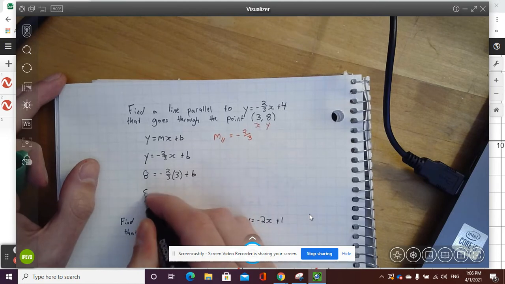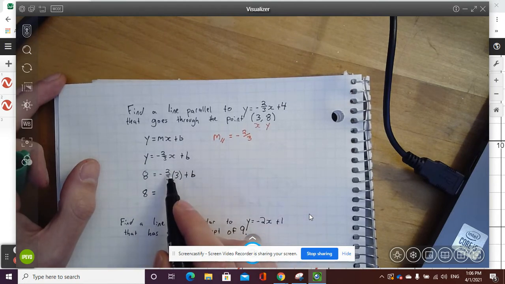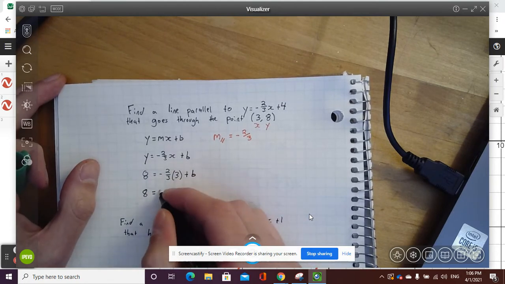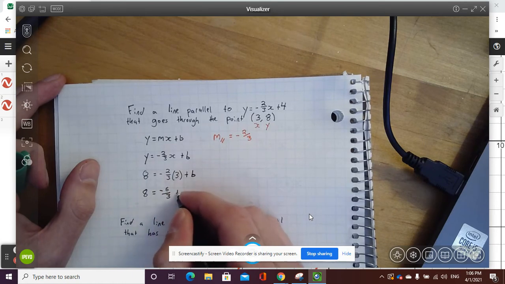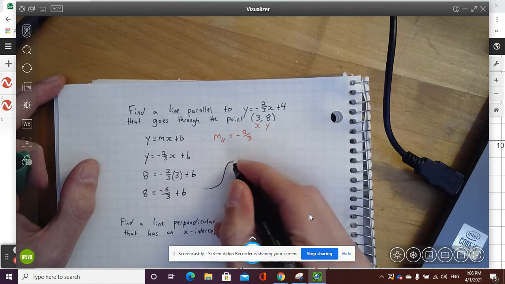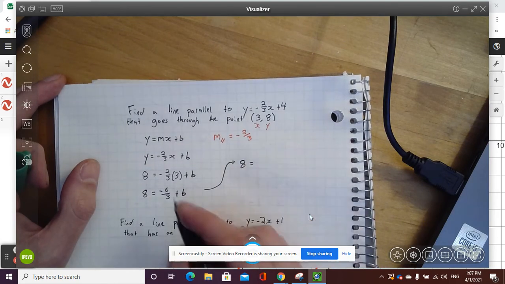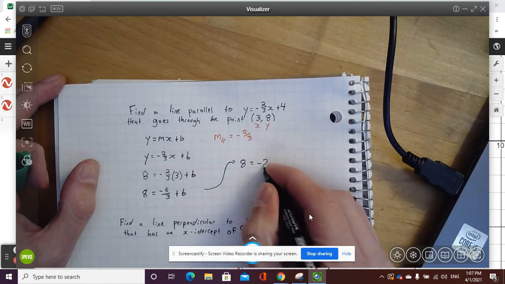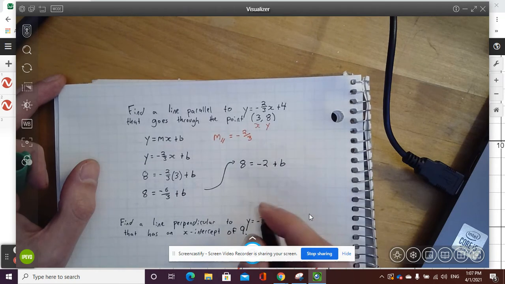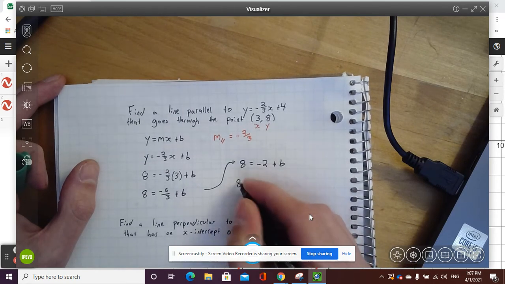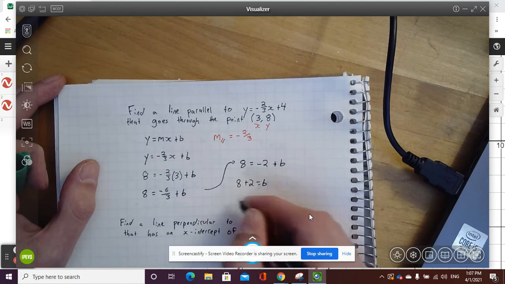So I've got 8 equals, and here I've got -2 times 3, so it's going to be -6 over 3 plus b. I'm going to continue over here. I don't have space to keep going down my page. -6 over 3 simplifies to -2. And when I move the -2 to the other side, it becomes a +2. So I've got 8 plus 2 equals b.